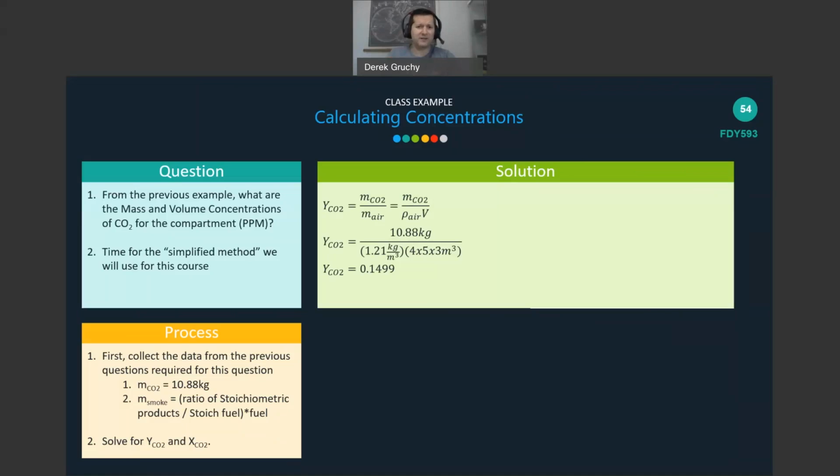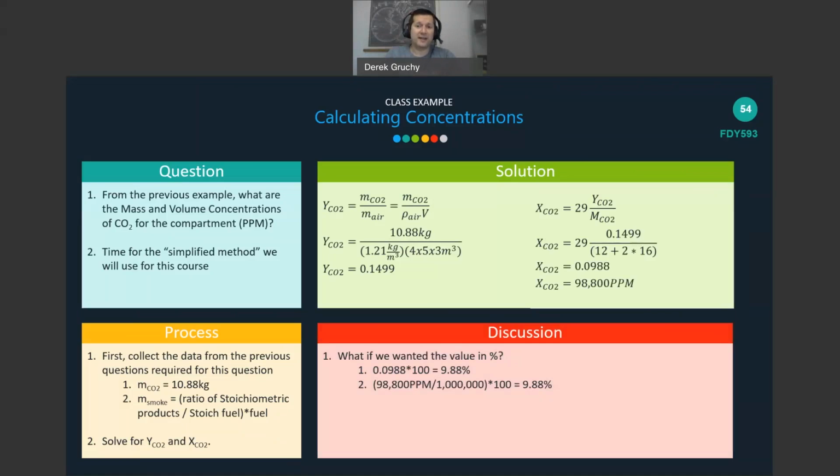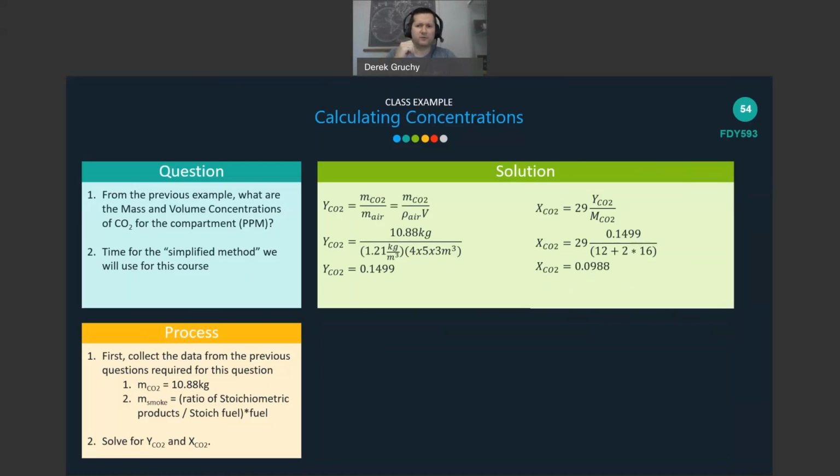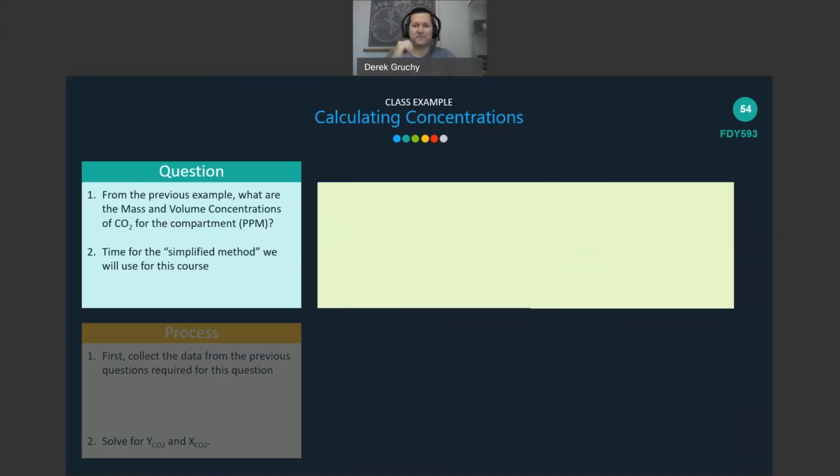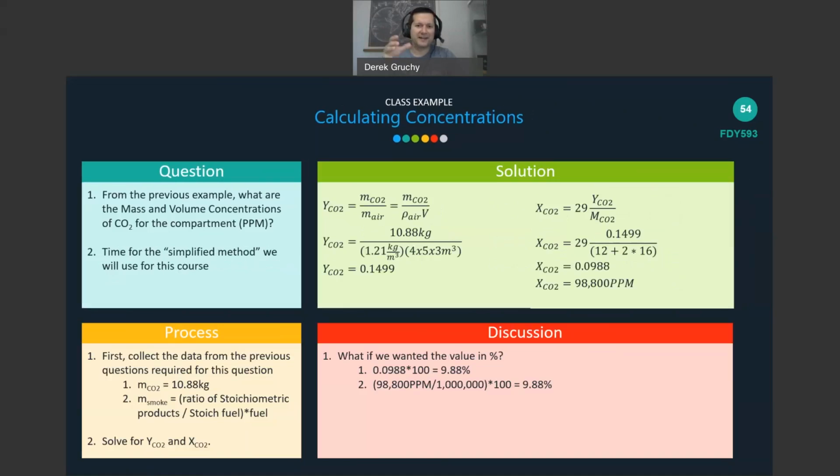And if we round to 2 decimals, it's identical. And then we go through the same process and we end up with 98,800 parts per million instead of 98,700 parts per million. Which one was it? 700, sorry. Yeah. So we're 100 extra doing the simplification. So we've actually been conservative by doing that.